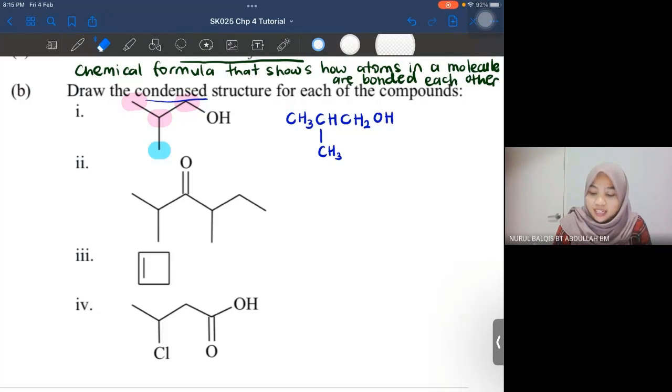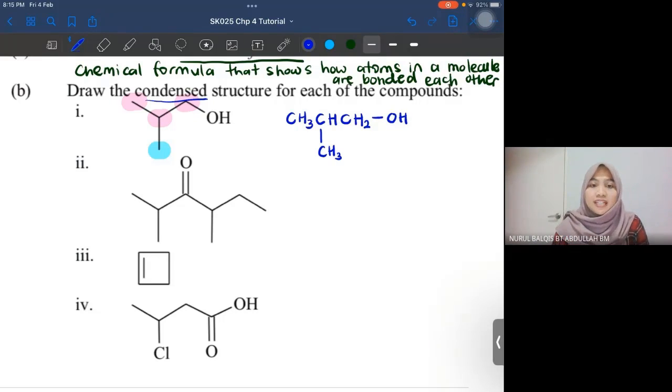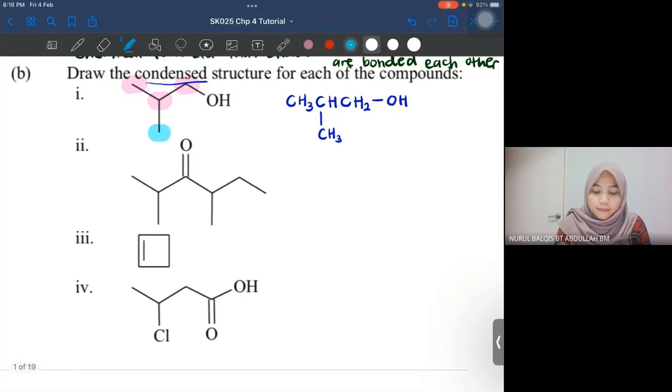Tapi kalau awak nak tarik pun tak ada masalah, sebab dalam condensed structure dia cakap, they don't show only carbon-carbon and also carbon-hydrogen bond. Apart from that, dia tunjuk. Boleh tunjuk lah kiranya. Kalau dia duduk kat tengah, kena show lah kan, sama ada guna parenthesis ataupun branch. Okay, so this is the first condensed structure. Second one, how many carbons that make up the longest chain?